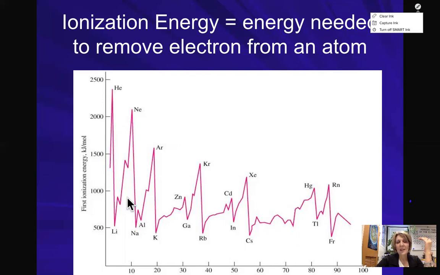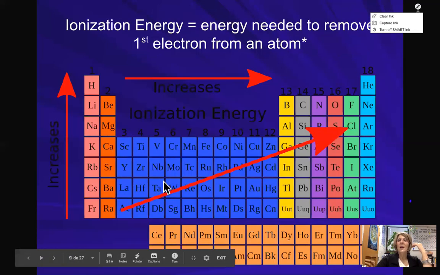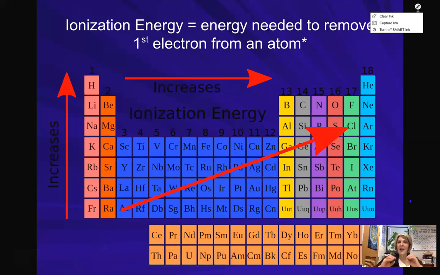But look what happens as you go down a column. You can see that the ionization energy is going to be lower. So here is our trend. Again, think about the two Fs. Ignore the noble gases because that's kind of the easiest thing to do, because they really don't react very much. Who has the highest ionization energy?